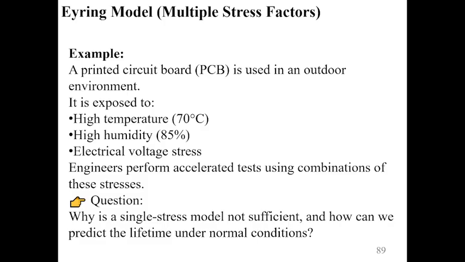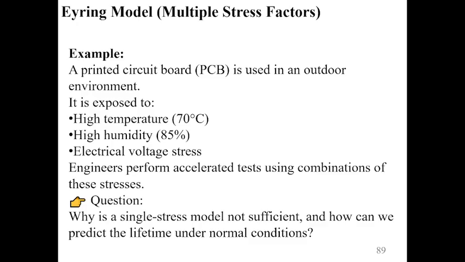Okay, this is another example regarding the Eyring model, multiple stress factors. The example is that a printed circuit board, PCB, is used in an outdoor environment. It is exposed to high temperature, 70 degrees centigrade, high humidity, 85%, and electrical voltage stress.